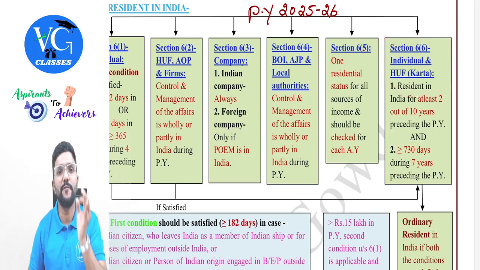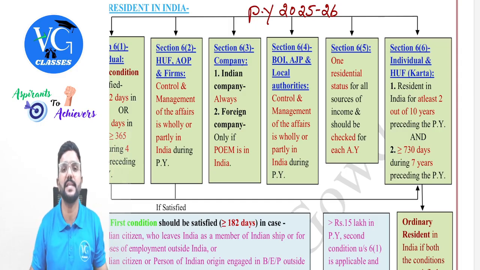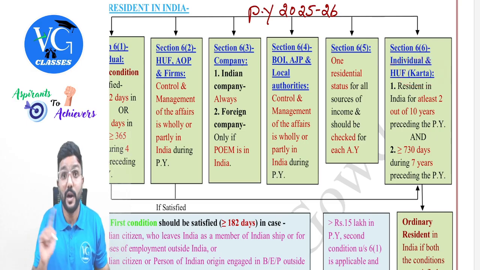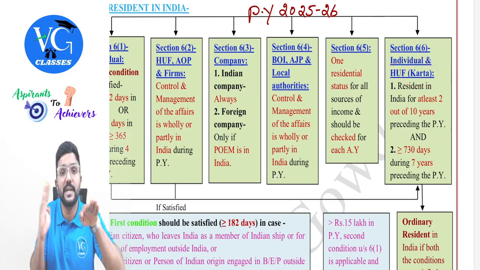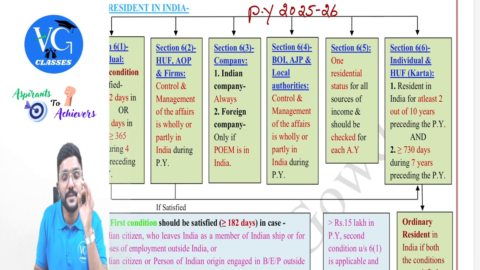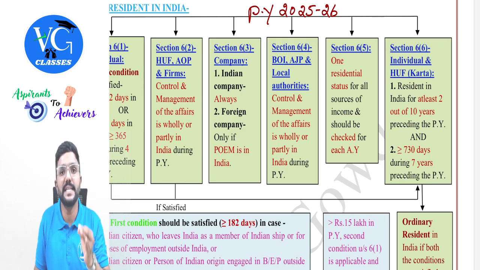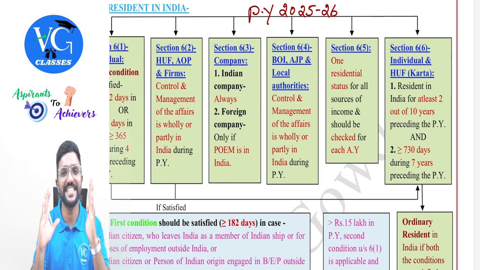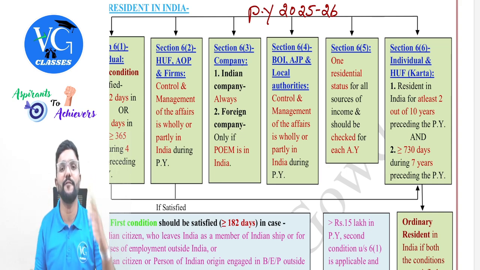But on behalf of HUF, who has to satisfy both the conditions given under section 6.6 is the Karta. Not the HUF, but on behalf of HUF, Karta. Please be careful, guys. We are deciding the residential status of HUF. But on behalf of HUF now, who has to satisfy the additional conditions? Karta, who is the head of HUF.